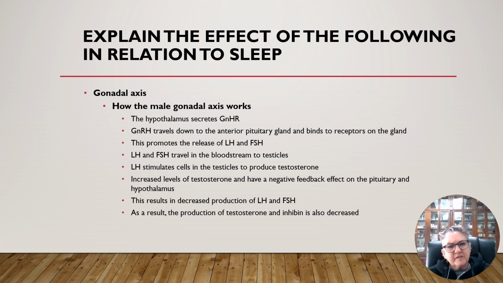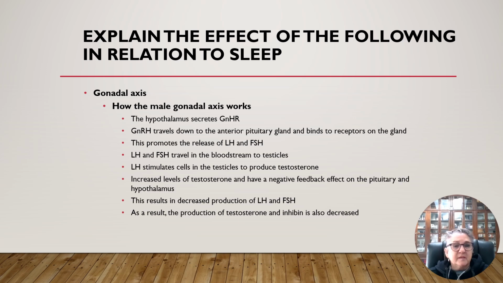The hypothalamus secretes the gonadal hormone. It travels down to the anterior pituitary gland and binds with the receptors in the gland. This promotes release of LH and FSH. These LH and FSH hormones travel through the bloodstream to the testicles.